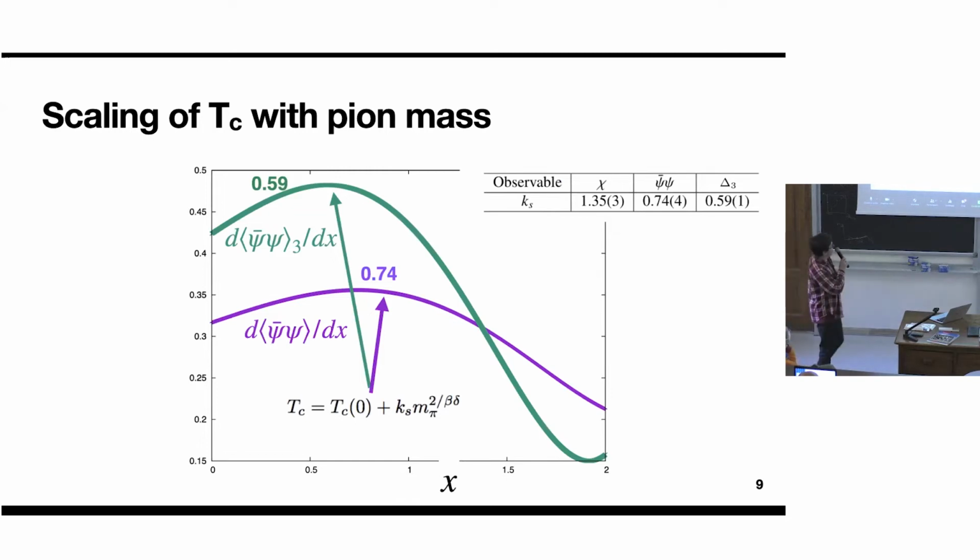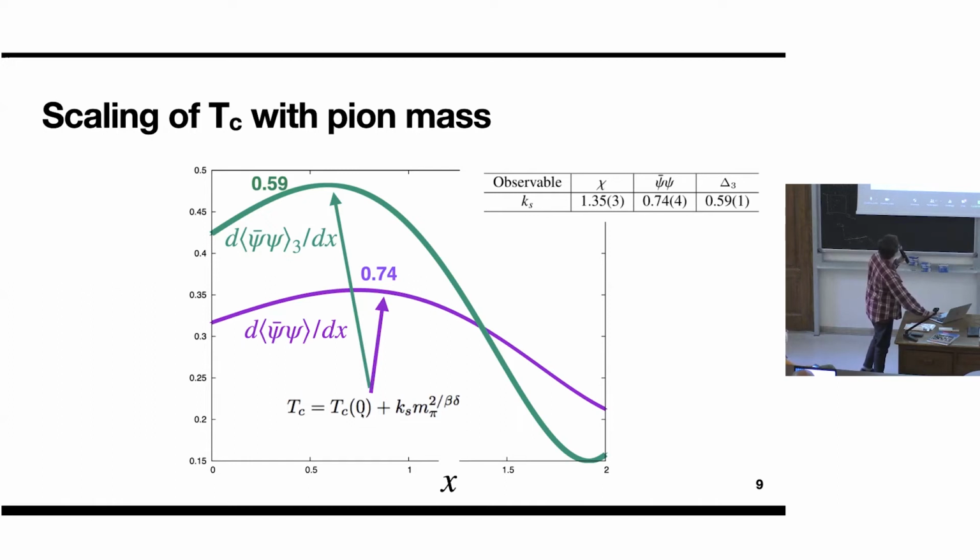Let's look at the critical temperature which we extract from this order parameter. We can extract it from the inflection point or from the peak of the corresponding susceptibility. Comparing the peak in the chiral condensate and the peak in this new order parameter, you can see that they all scale with the same function.